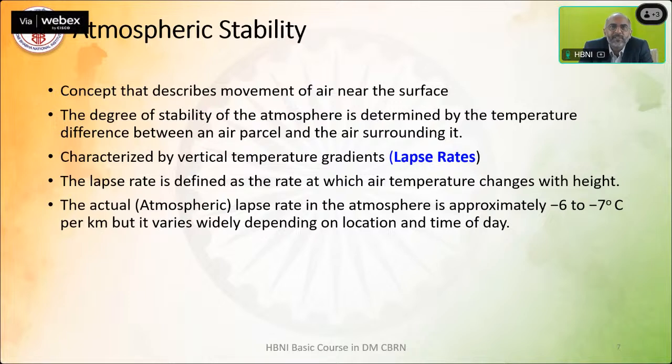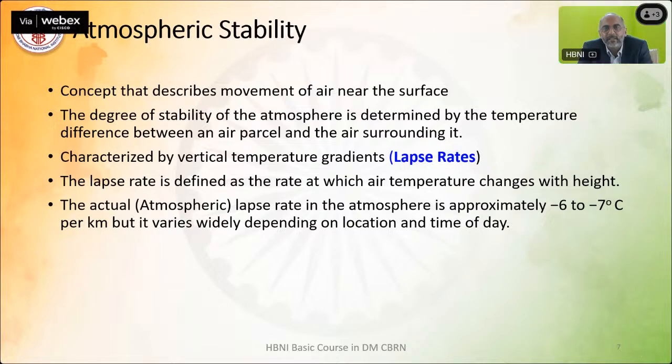So atmospheric stability, when I say it, is a concept that describes the movement of air near the surface. The degree of stability of the atmosphere is determined by the temperature difference between the air parcel and the air surrounding it. And it is characterized by the vertical temperature gradient, which we call the lapse rate.